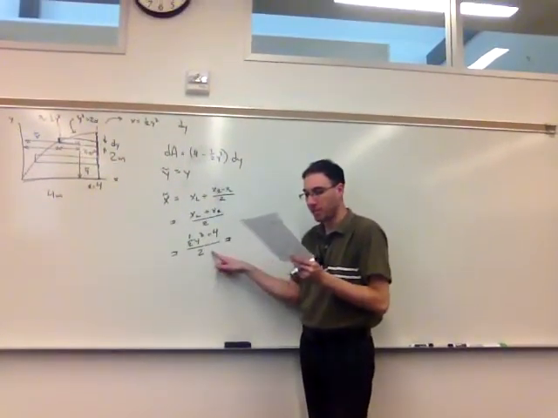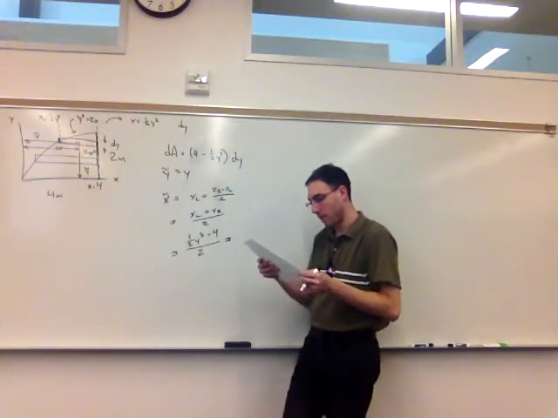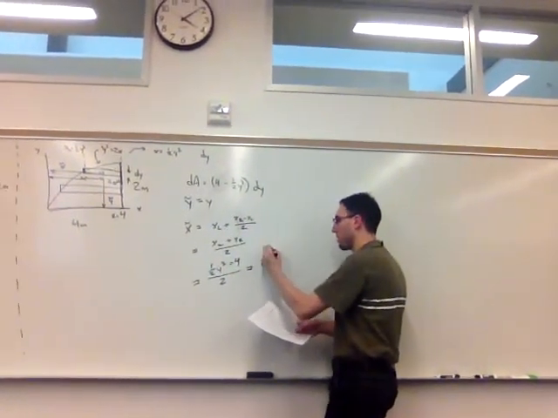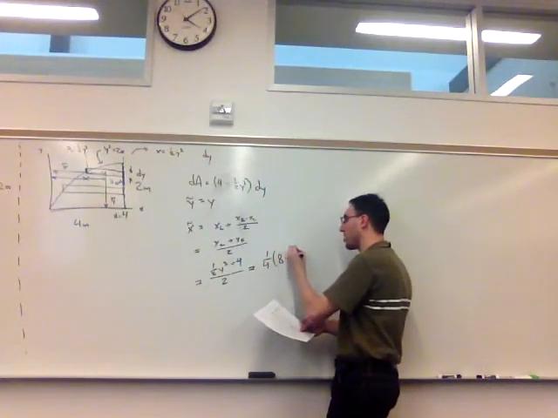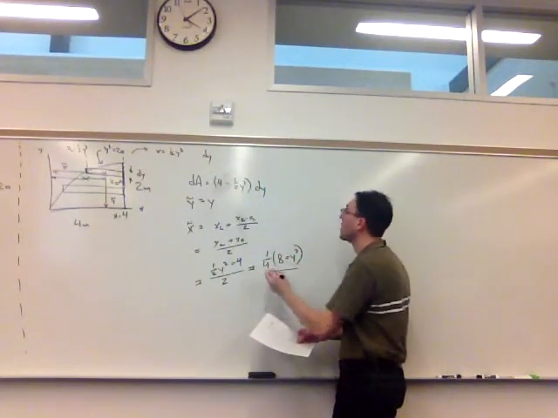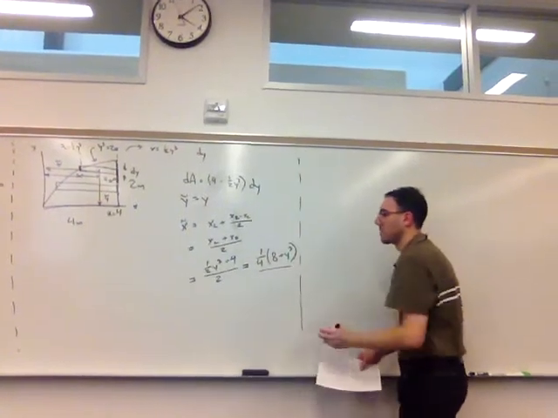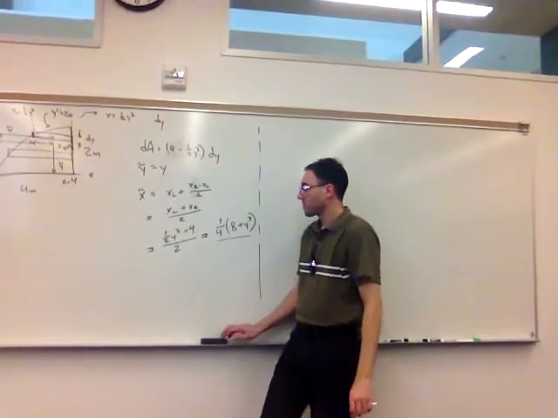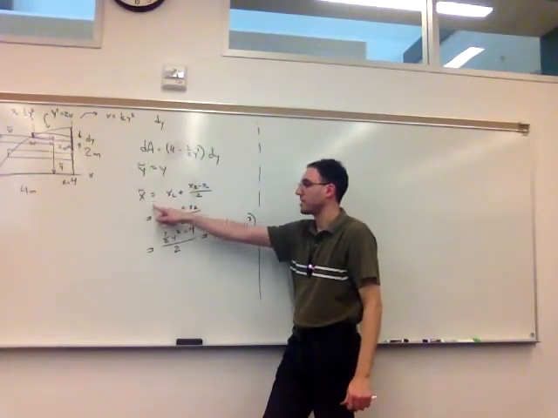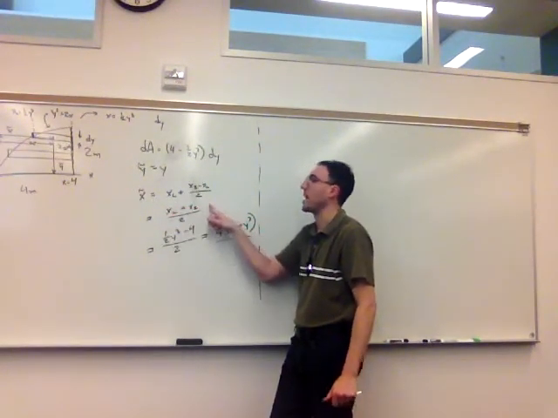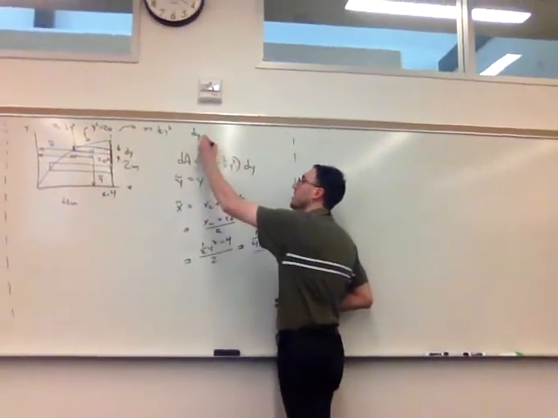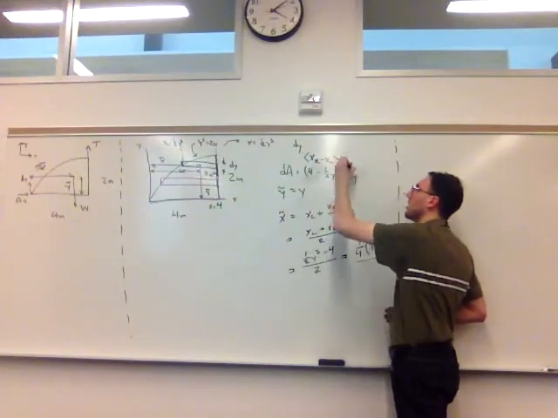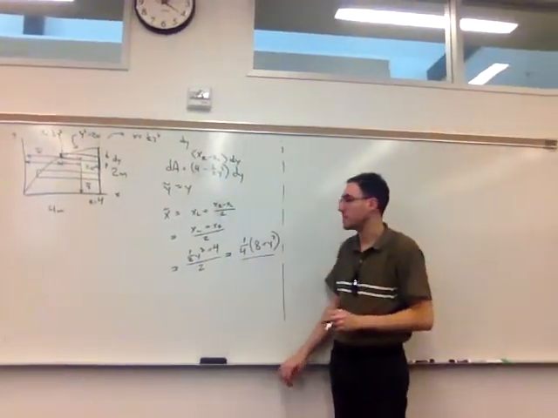So this will simplify. I wrote it as 1/4 (8 plus y cubed). So x tilde is the average of XL and XR, and dA is going to be XR minus XL in the most general sense.